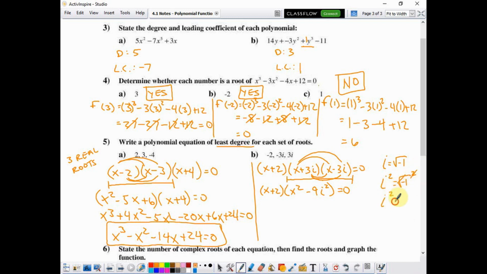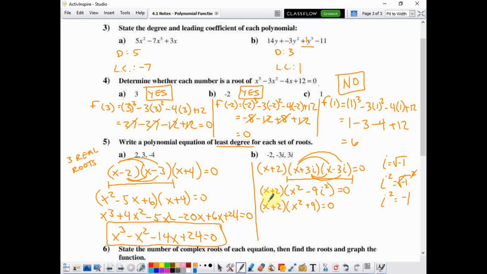So i squared is negative 1. So what this really means is negative 9 times negative 1. So I'm going to change that to x plus 2 times x squared, and then negative 9 times negative 1 is plus 9.